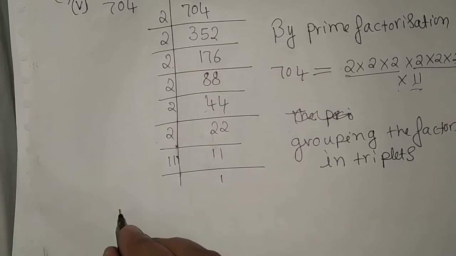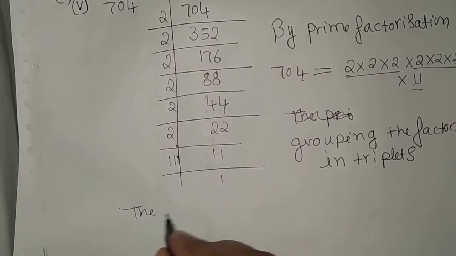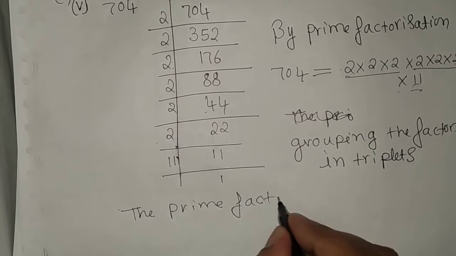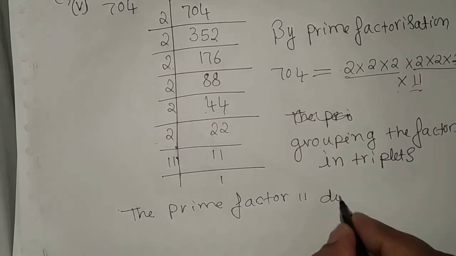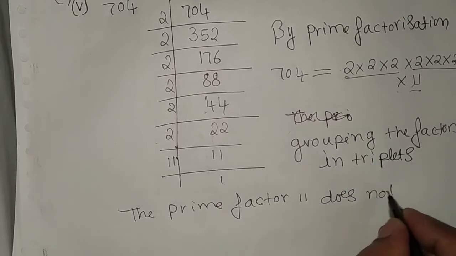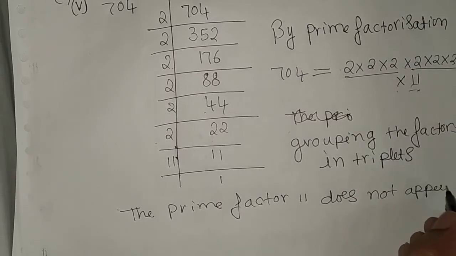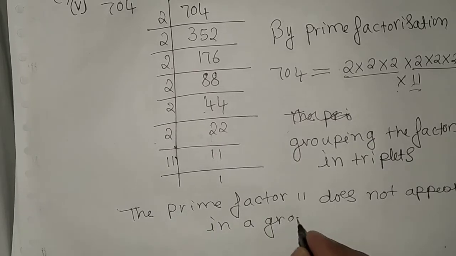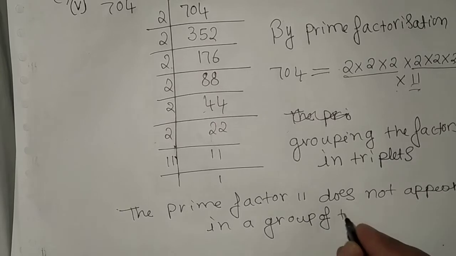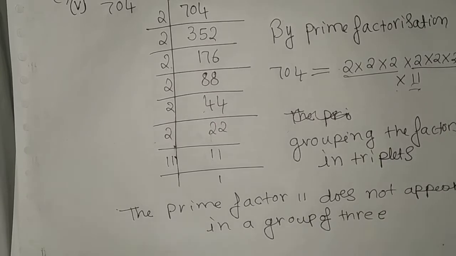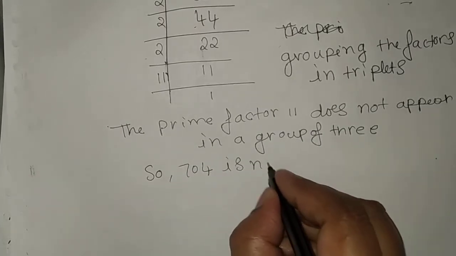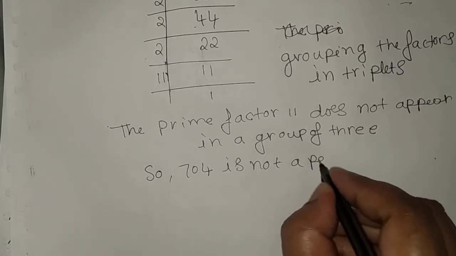So next we have to write the prime factor 11 does not appear in a group of 3. So 704 is not a perfect cube.